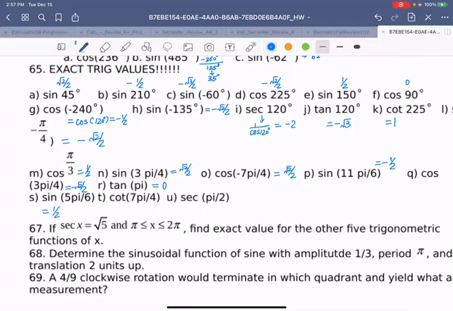Cotangent 7 pi over 6 is in quadrant 4, so this will be negative 1. And the secant is the reciprocal of cosine pi over 2. That guy is 0, so this is undefined. Right? Right. Okay.